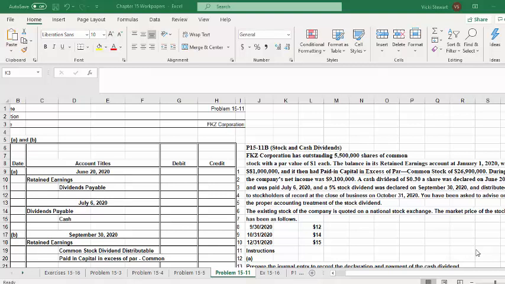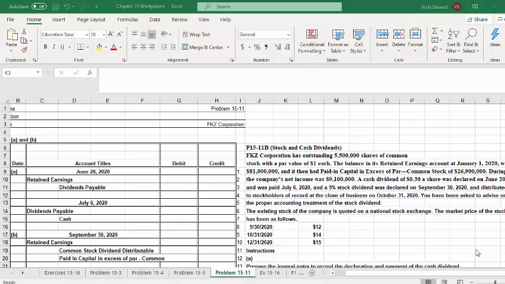$9,100,000. A cash dividend of 30 cents a share was declared on June 20th, 2020, and was paid July 6th, 2020, and a 5% stock dividend was declared on September 30th, 2020, and distributed to stockholders of record at the close of business on October 31st, 2020.